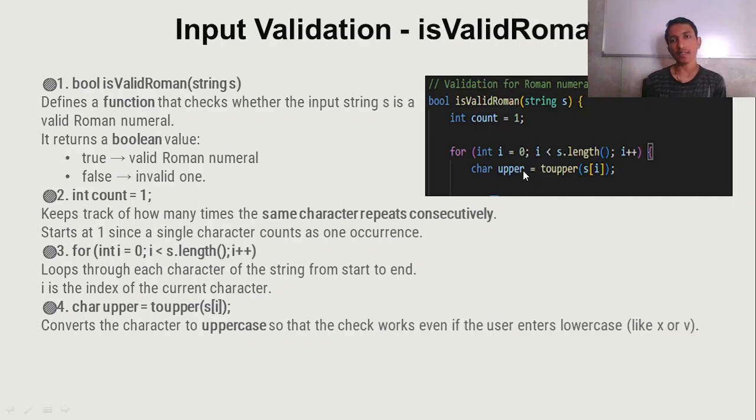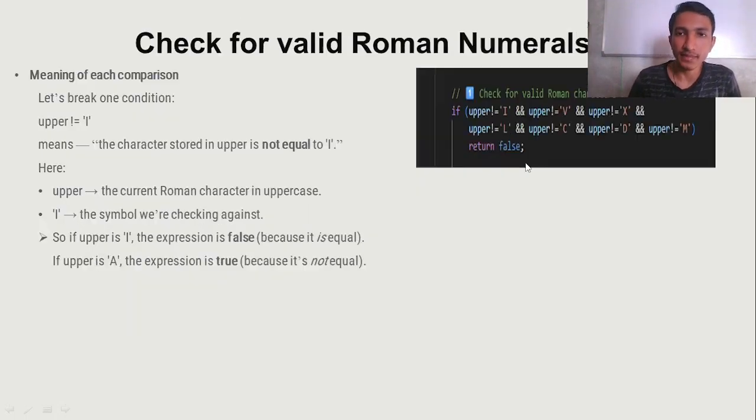We are assigning the current character to the variable upper. And what is toupper? toupper is a special function that converts a lowercase letter to uppercase so that the check works even if the user enters lowercase.